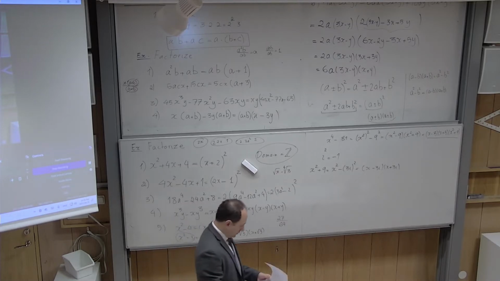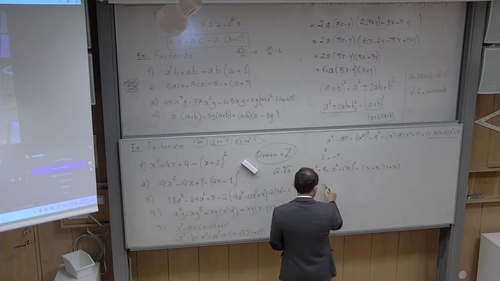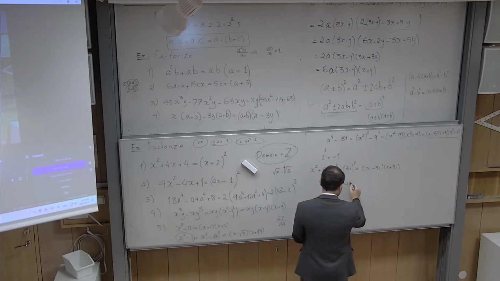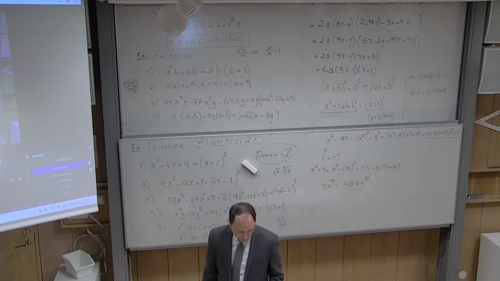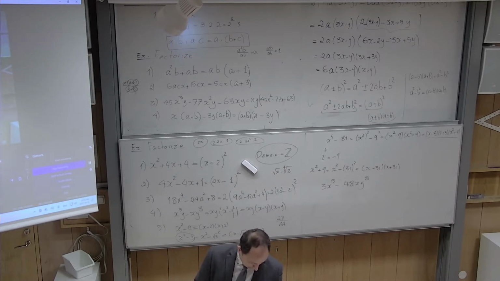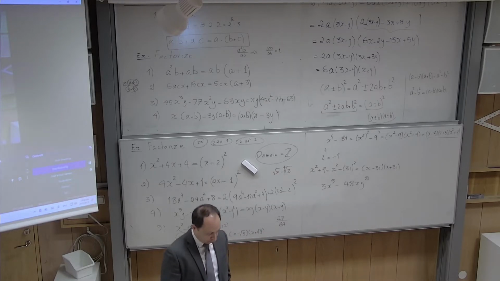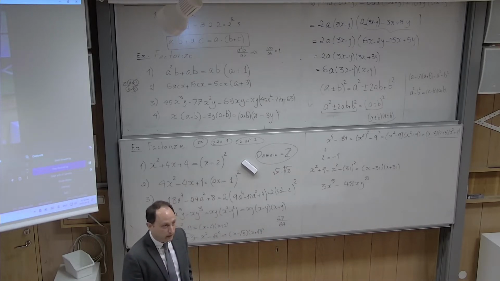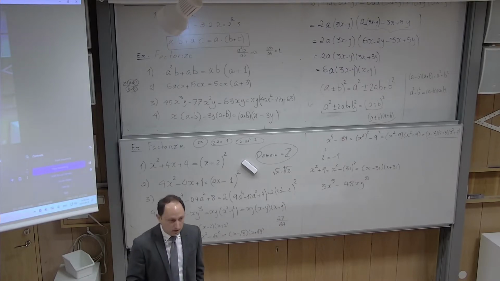So what do you think about this one? 3x to the power of 5 minus 48xy to the power of 8. I want to factorize this. So what is the first step here? Factorize 3x.